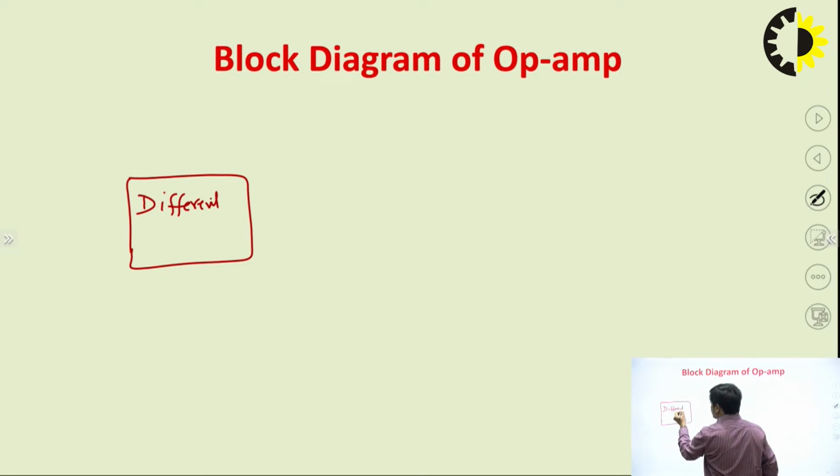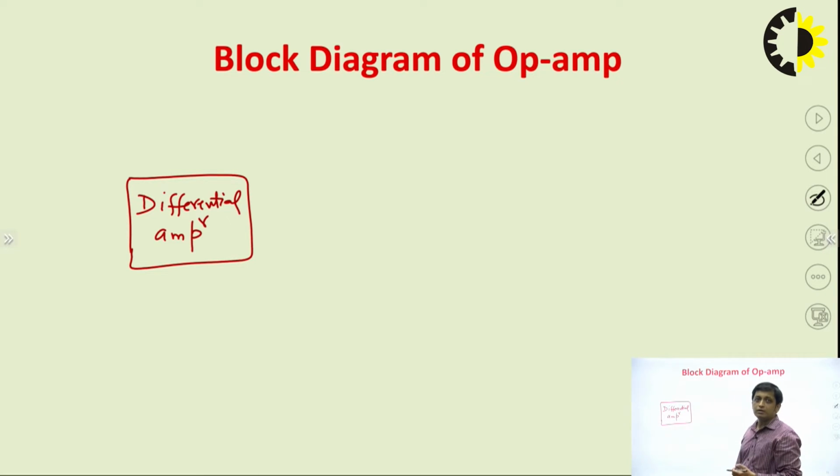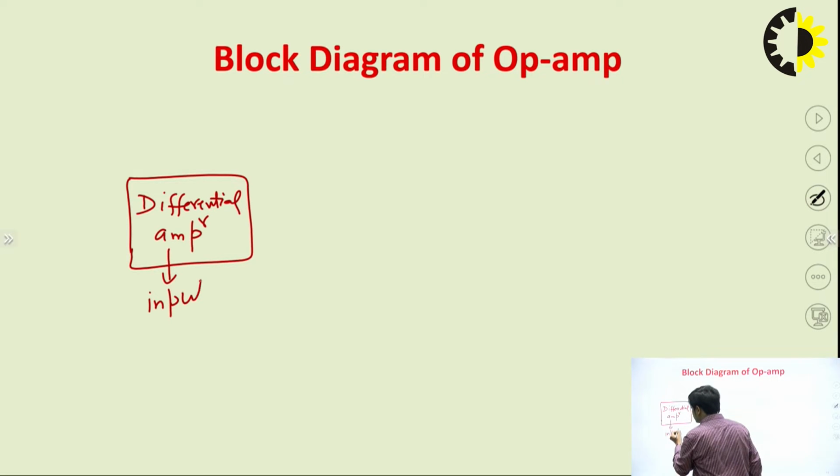It is very much required because a differential amplifier amplifies the difference between two signals, right? So this is the first stage, or the input stage, and the input signal is applied at the differential amplifier.